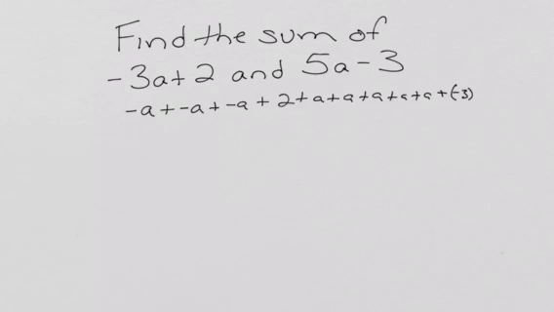All I did was add the opposite there. All right, so if I look at this, those will cancel out and make a 0 pair. That'll make a 0 pair. That'll make a 0 pair, which leaves me with 2 a's. Here I have plus 2 and plus a negative 3. Well, that's a negative 1 or minus 1.